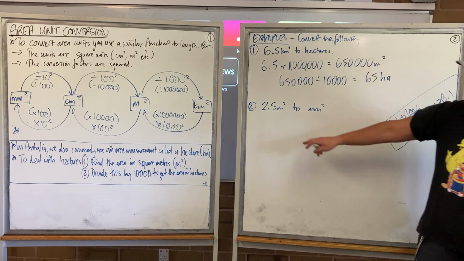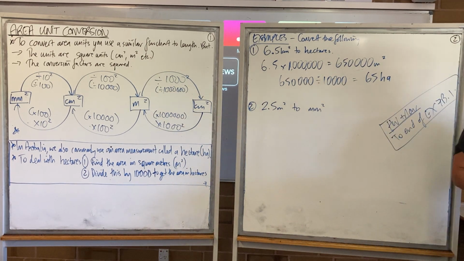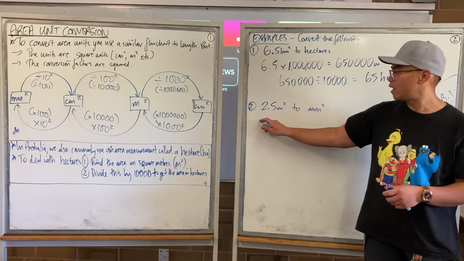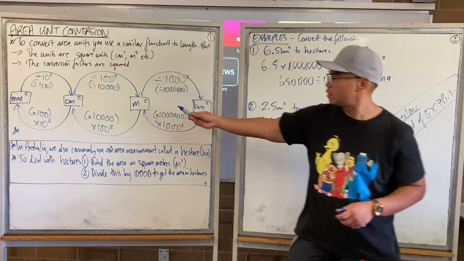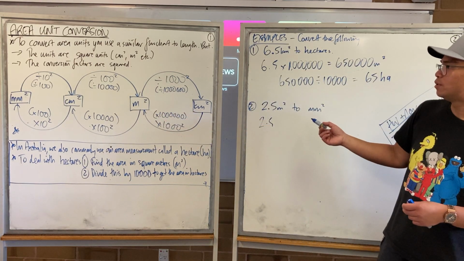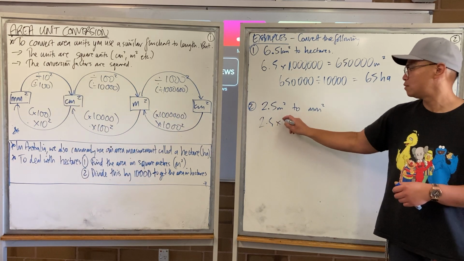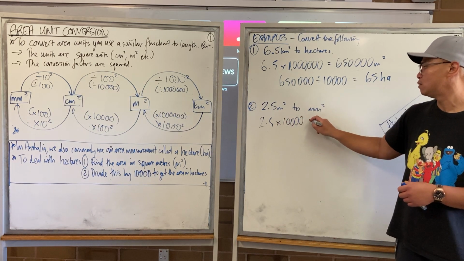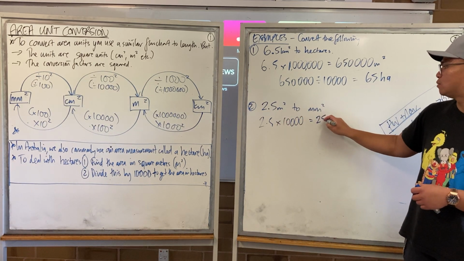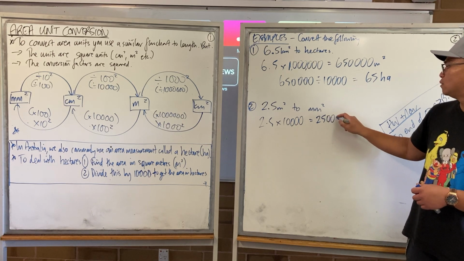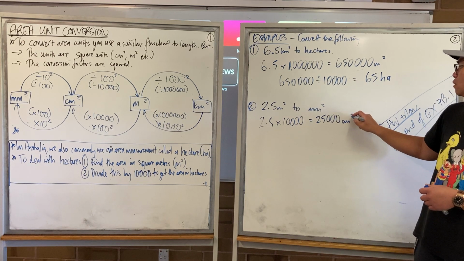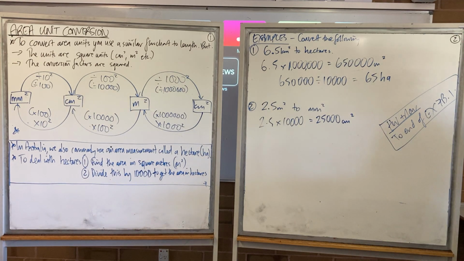If I was to go from 2.5 square meters to square millimeters, is that one arrow or a couple? Two steps. So 2.5 square meters here. I want to go to centimeters, so I need to times by 10,000. That's going to be 25,000 square centimeters.